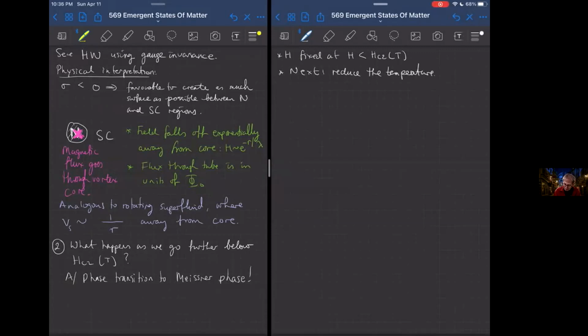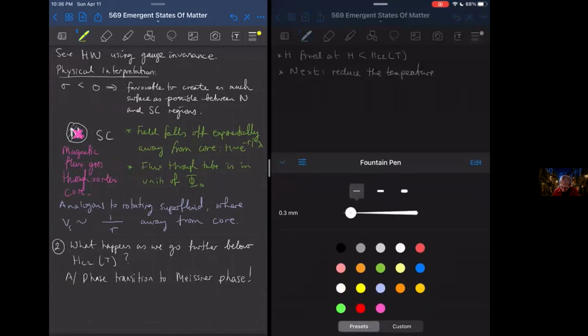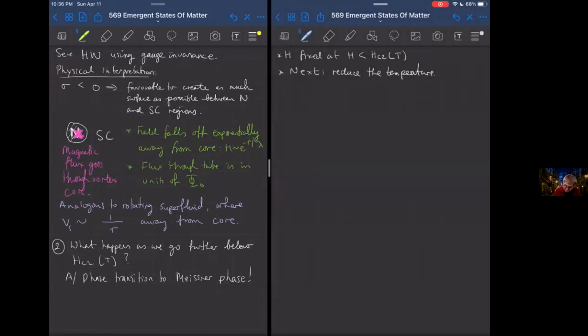So let me draw the phase diagram that I have in my mind. Here we are, this is temperature, this is TC, this is H. And so what we've talked about just up to now is this line HC2, like so.